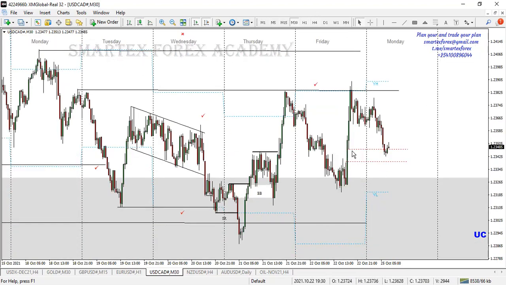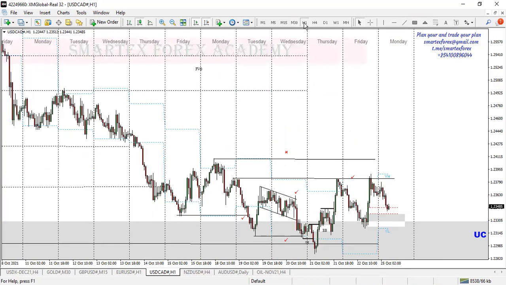Now, there is this fair value gap, and below the fair value gap we have a bullish order block. This one, you see this, this is a bullish one.